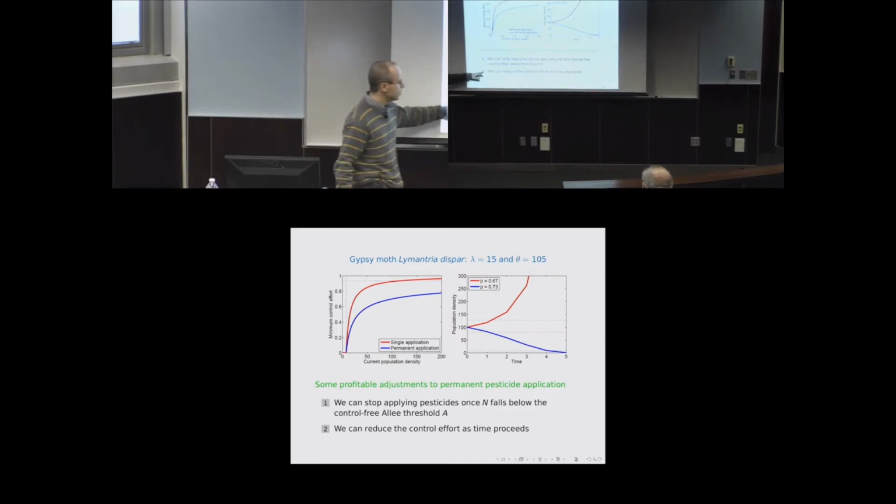Also, you can reduce the control effort as time proceeds, because if you are at this point, where the population size is something like 70, you can go here and find 70 as a critical value. The critical value is lower, so you can decrease your control effort, save some money and get a more efficient control of the population.